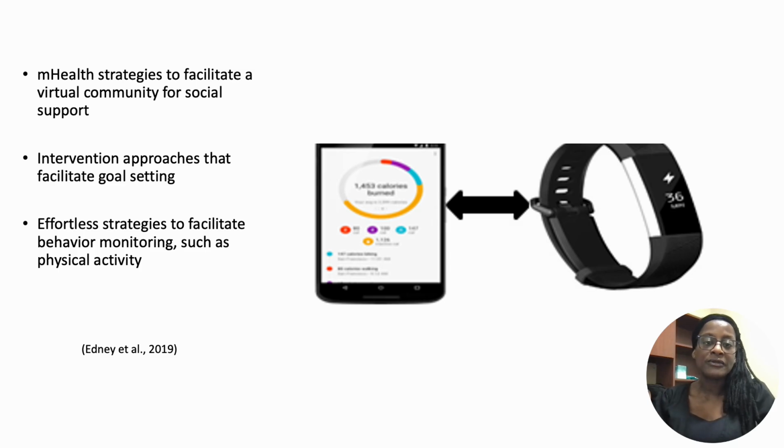So mHealth interventions using apps could facilitate social support. This is a way to virtually respond to the limitation of using text messaging alone. By having an app, it could be a way to provide social support.